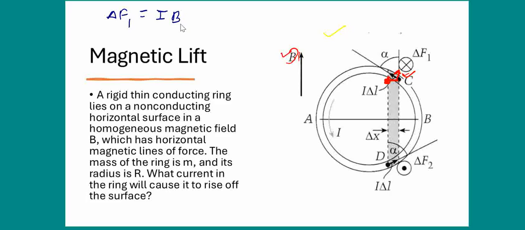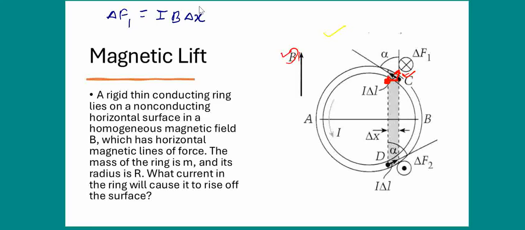I don't want to put the alphas into actions, so I'm going to write this length simply as delta X. So that means B I delta X. Delta X is basically the projection of delta L on the diameter AB.